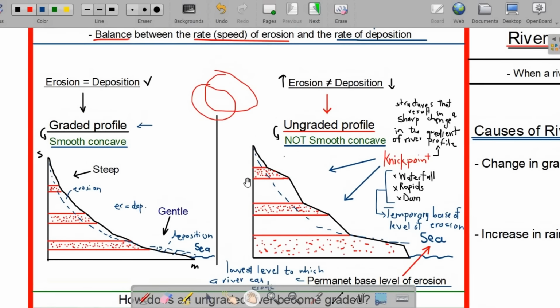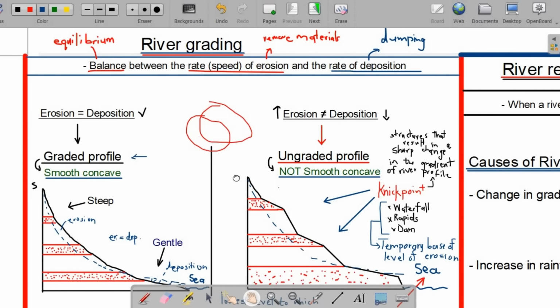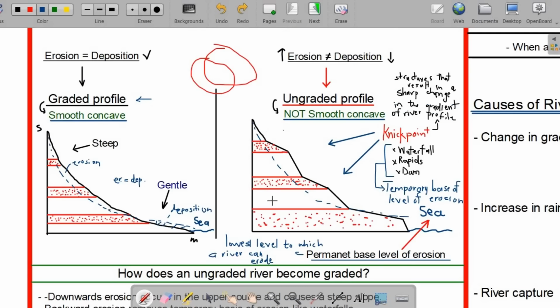The last thing we are going to look at under river grading is how you go from an ungraded profile to a graded profile. How do we make this ungraded profile a graded profile?